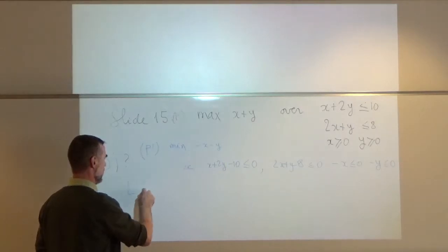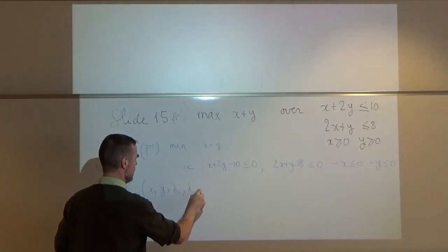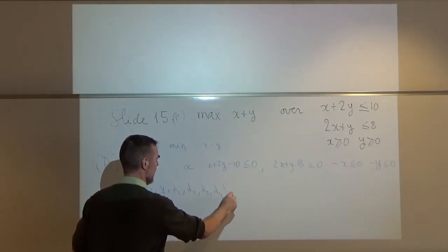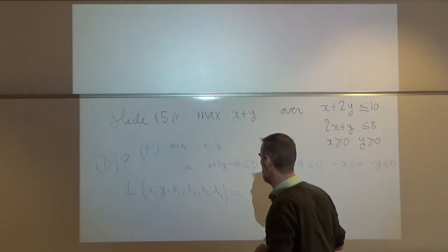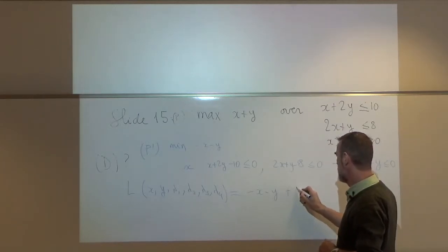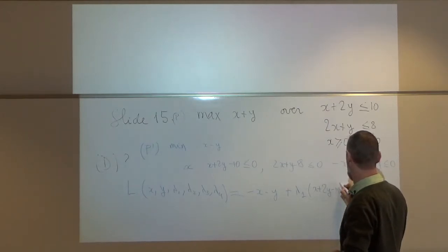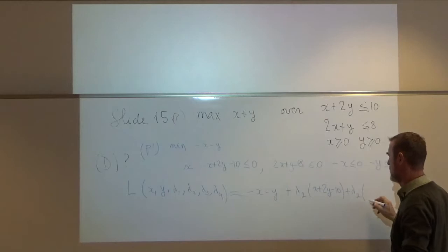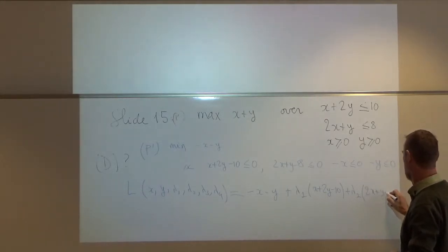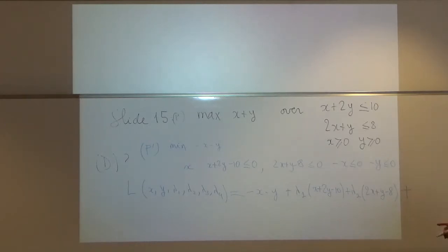So my Lagrangian is L of x, y, lambda 1, lambda 2, lambda 3, lambda 4, and is equal to the objective function, which is minus x minus y, plus lambda 1 times the first inequality, plus lambda 2 times the second inequality, plus lambda 3 times the third, plus lambda 4 times the fourth.